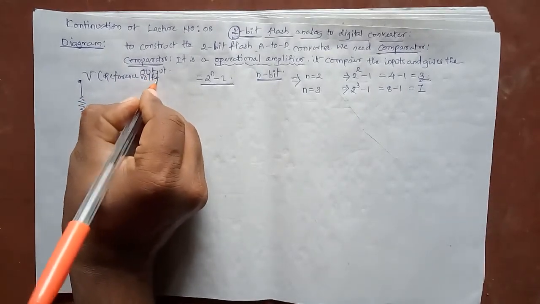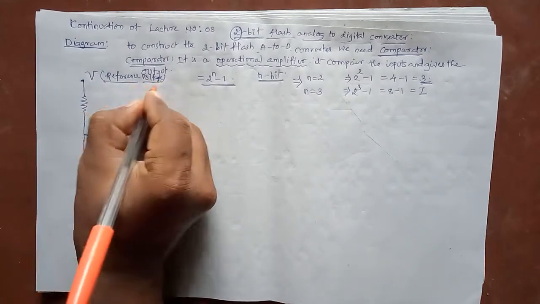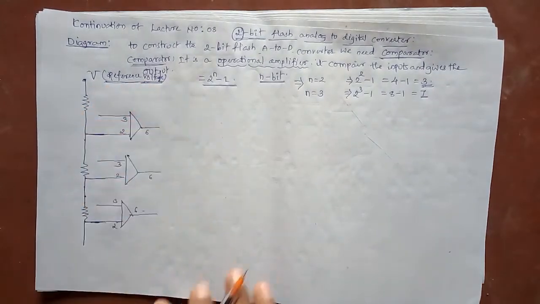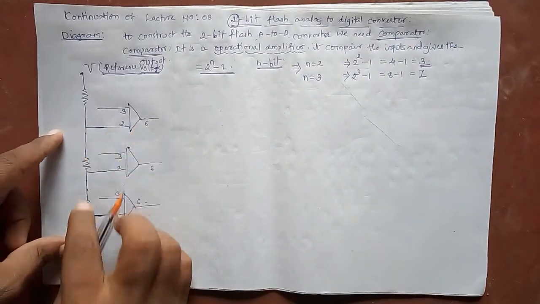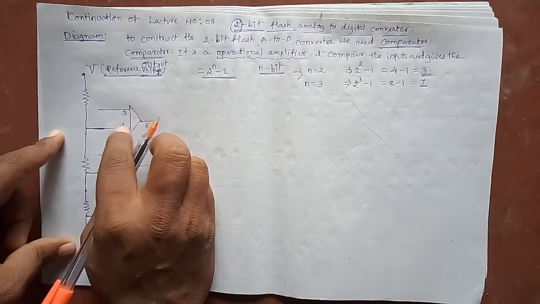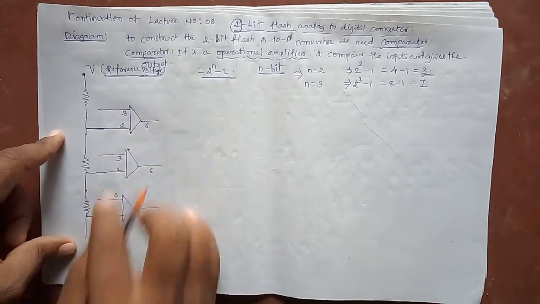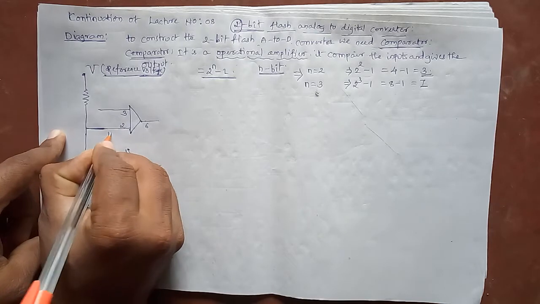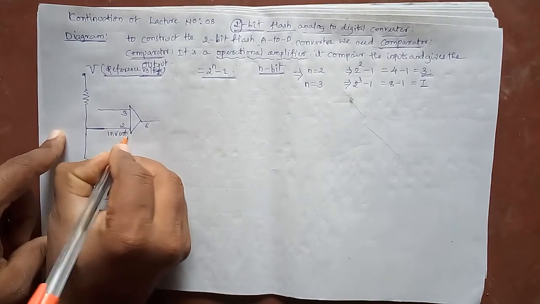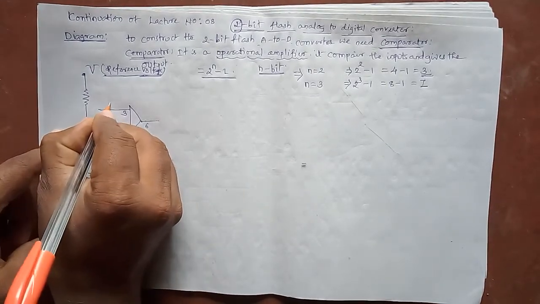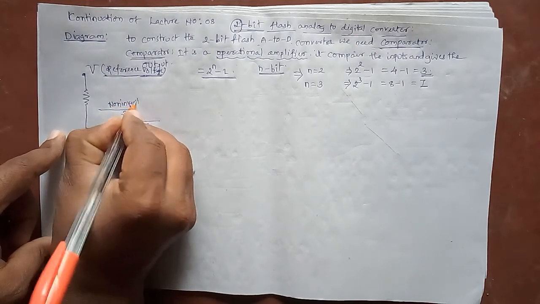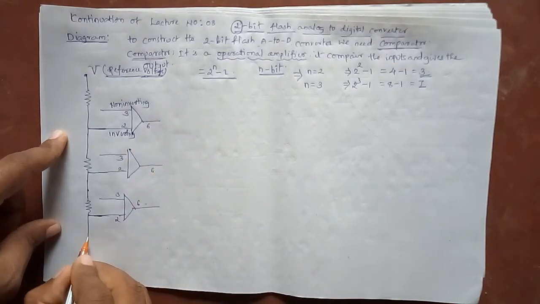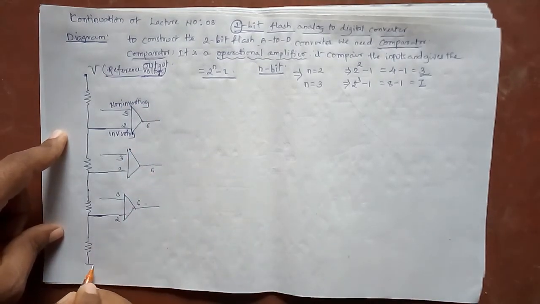Here the voltage is divided and given to terminal number 2 of the comparator, which is the inverting input, and terminal number 3 is the non-inverting input, and finally it is connected to ground.